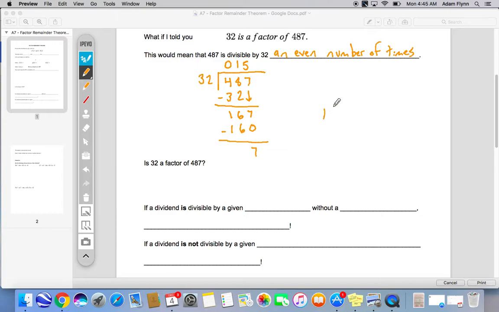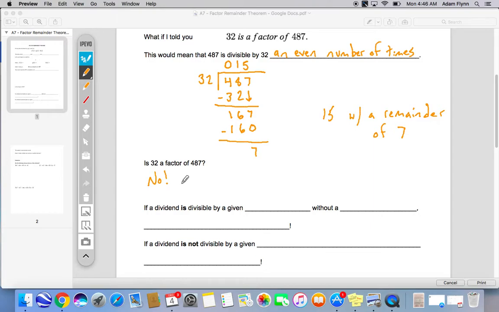Okay, so 15 with a remainder of 7. Okay, so is 32 a factor of 487?